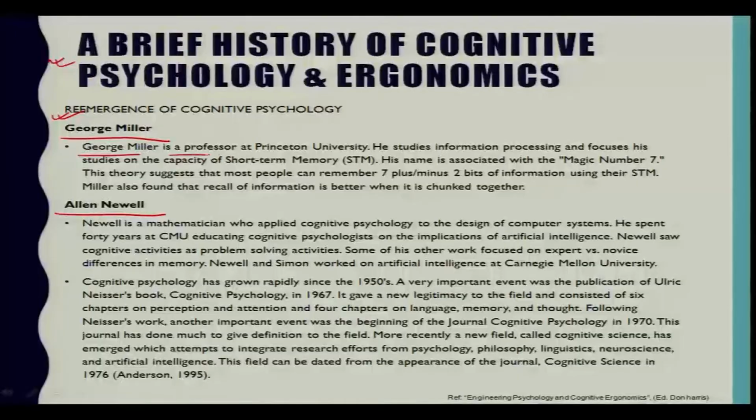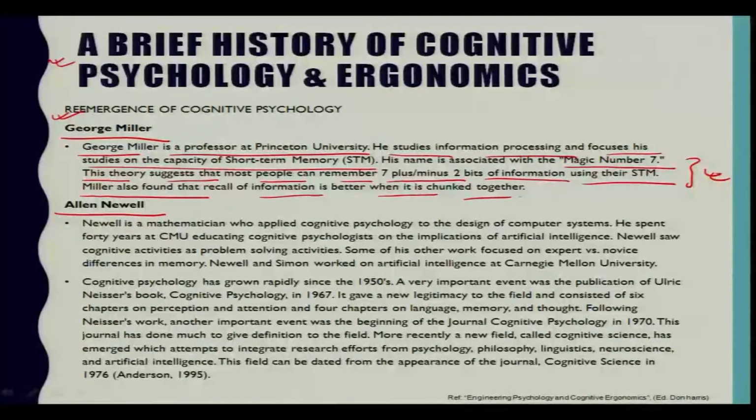George Miller is a professor at Princeton University, and he studies information processing and focuses on the capacity of short-term memory. His name is associated with the magic number 7. This theory suggests that most people can remember 7 plus or minus 2 bits of information using their STM. Miller also found that recall of information is better when it is chunked together, which we were learning on our previous slides.